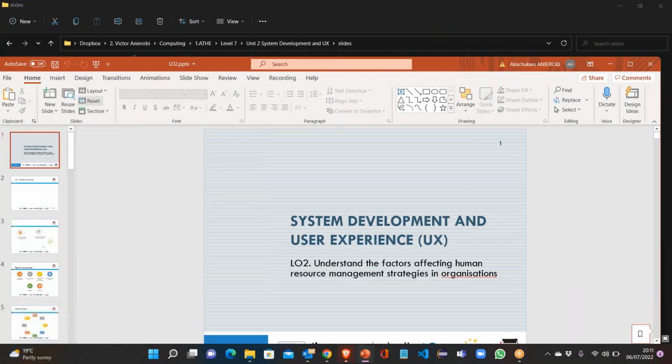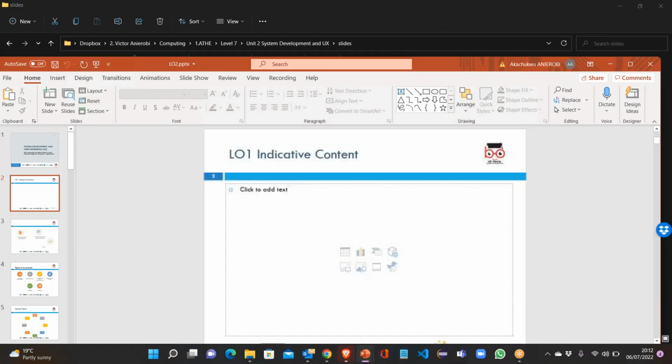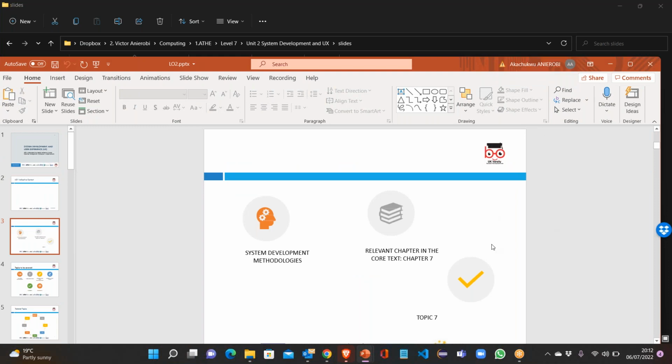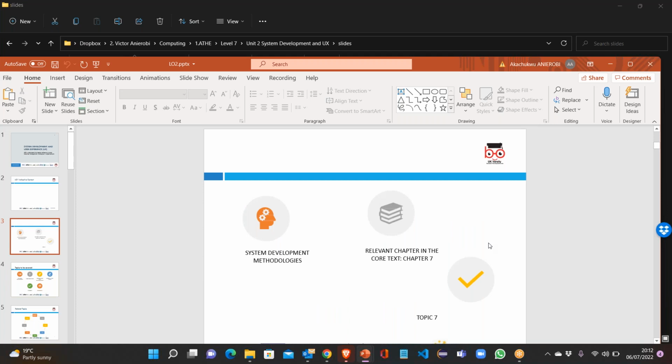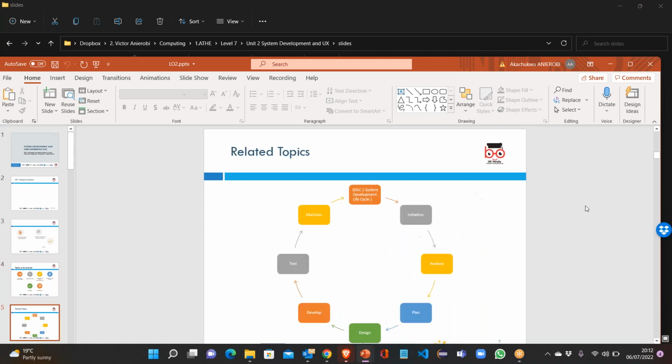For example, in the next unit, we're going to look more into details about the methodology, for example agile, waterfall.